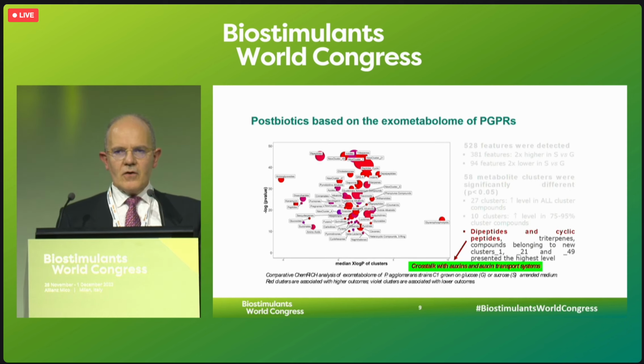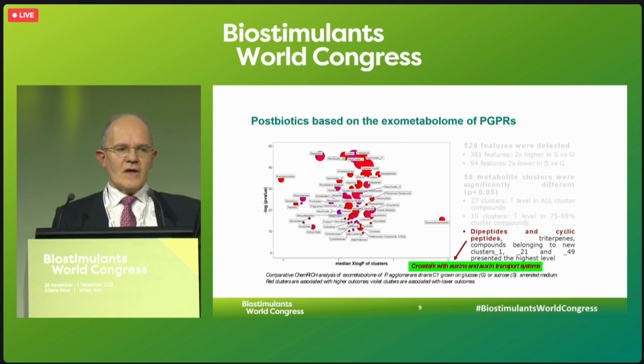If you analyze these metabolites, the interesting thing is that you get, apart from auxin, other molecules that are known to interact with auxin and in some way change the response of the plant to this hormone.